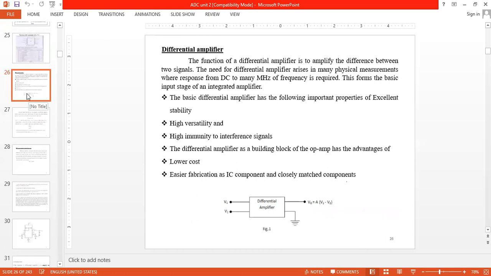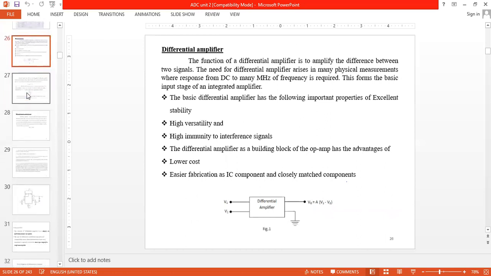Now the differential amplifier. We already know that the main amplification in the op-amp is done by the differential amplifier. It has high versatility, high immunity to interference signals, and lower cost.